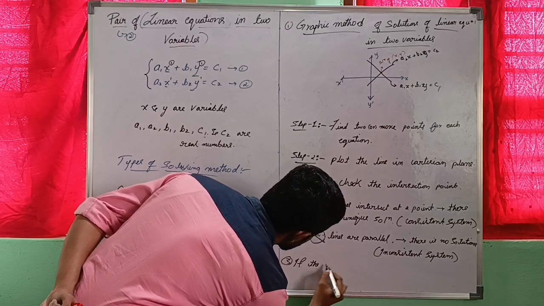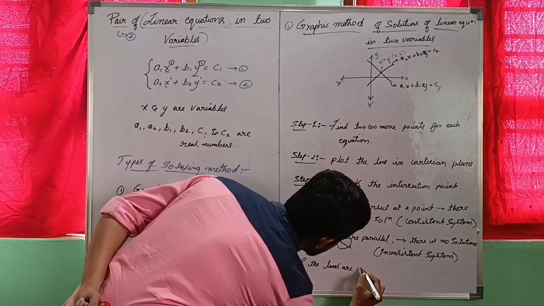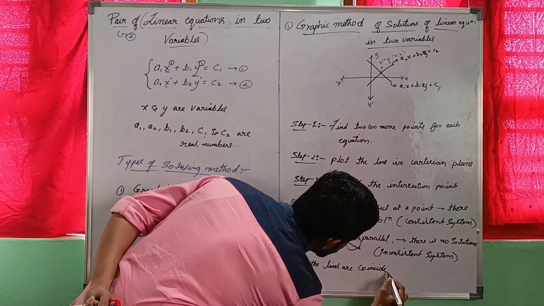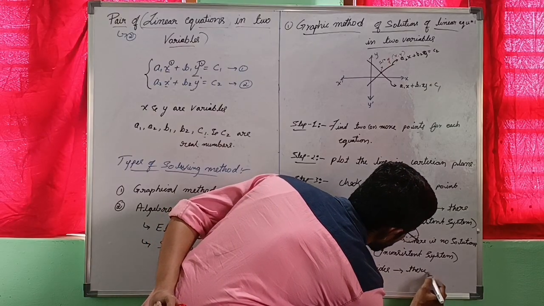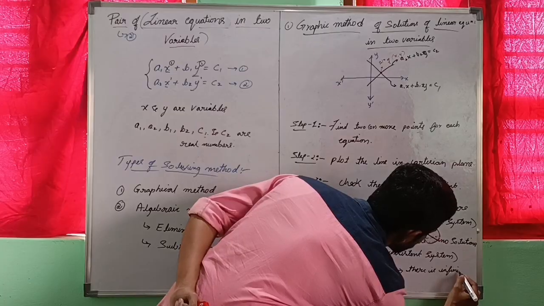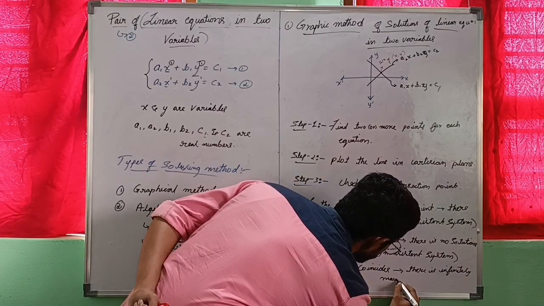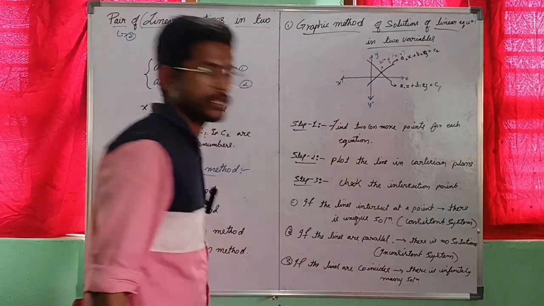And let us see the third case. If the lines coincide, then there are infinitely many solutions.